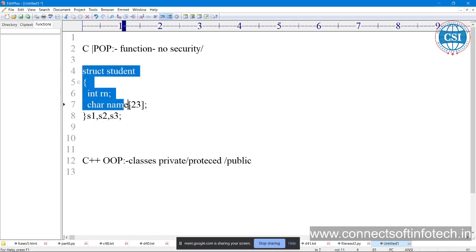This type of concept is not available in C programming, so that's why we go for object oriented programming, where it is implemented.